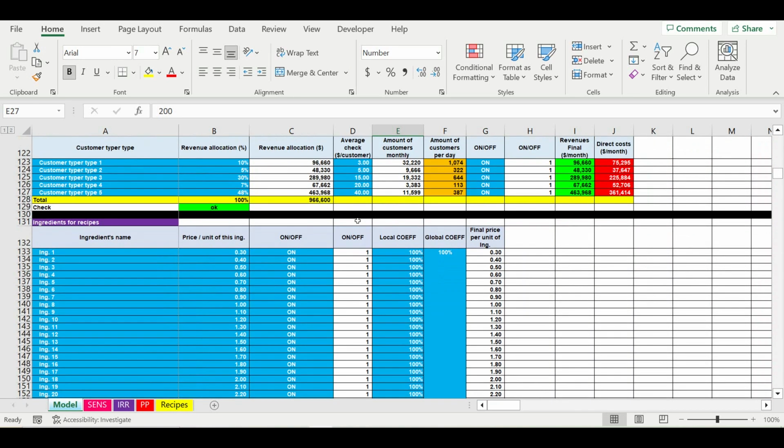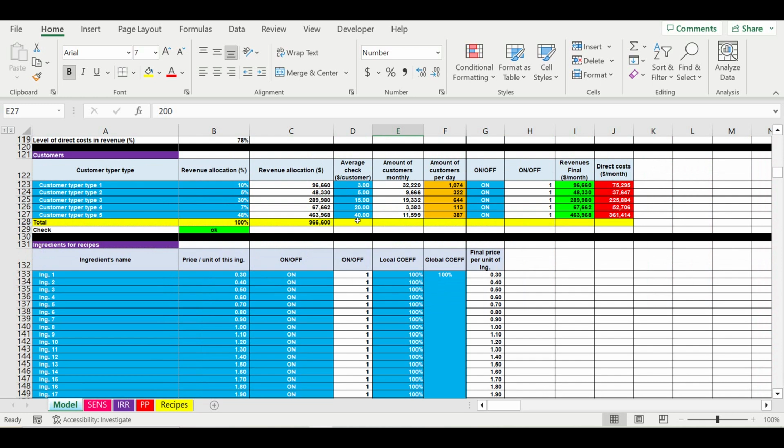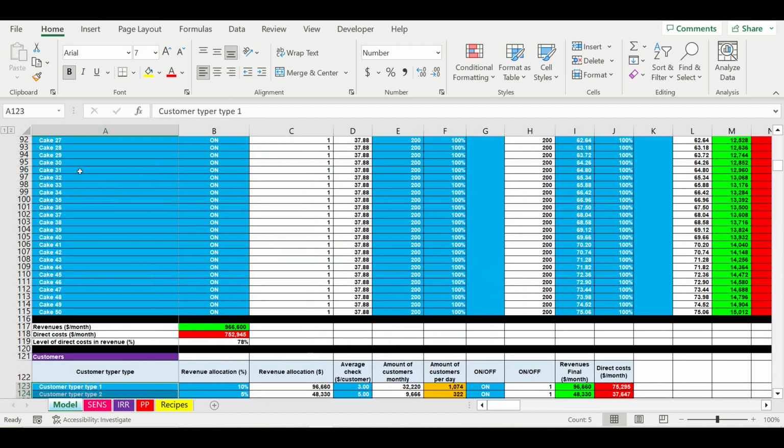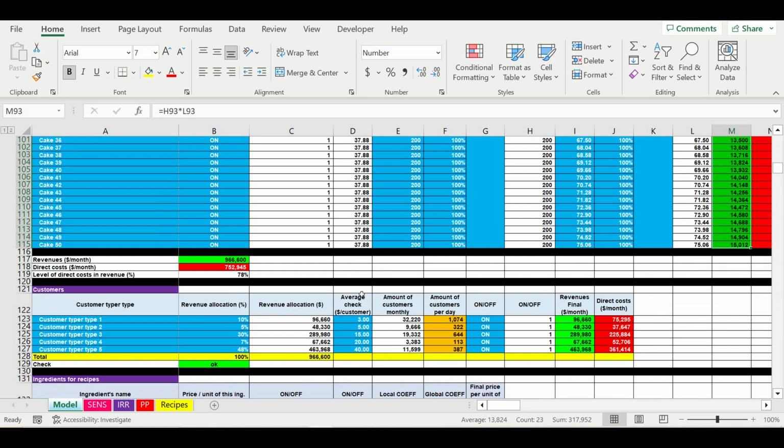Then it's very interesting to think about the customer types. For example, we've created the product line and the revenue by product. Then we need to allocate these revenues between different types of customers.